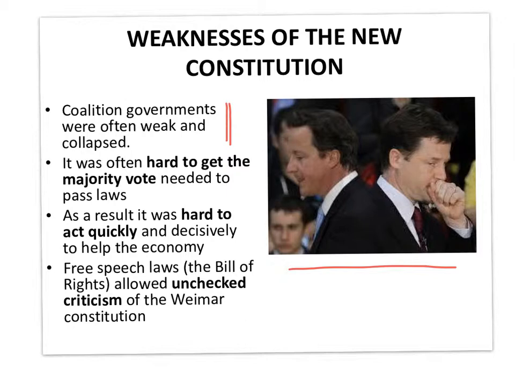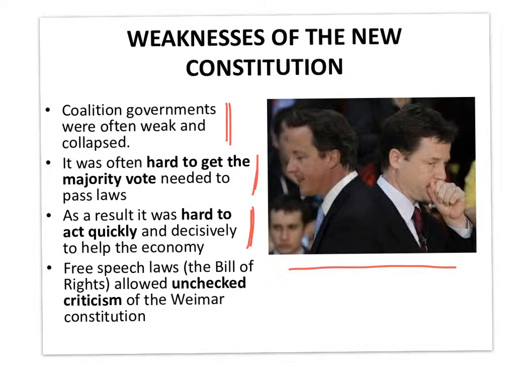And hopefully after new elections they can create a government consisting of parties that will work together. So it's often hard to get the majority vote needed to pass laws. As a result, it was hard to act quickly and decisively to pass laws. And sometimes there are occasions when you need to have decisive, quick lawmaking. So that was a weakness of the new constitution.